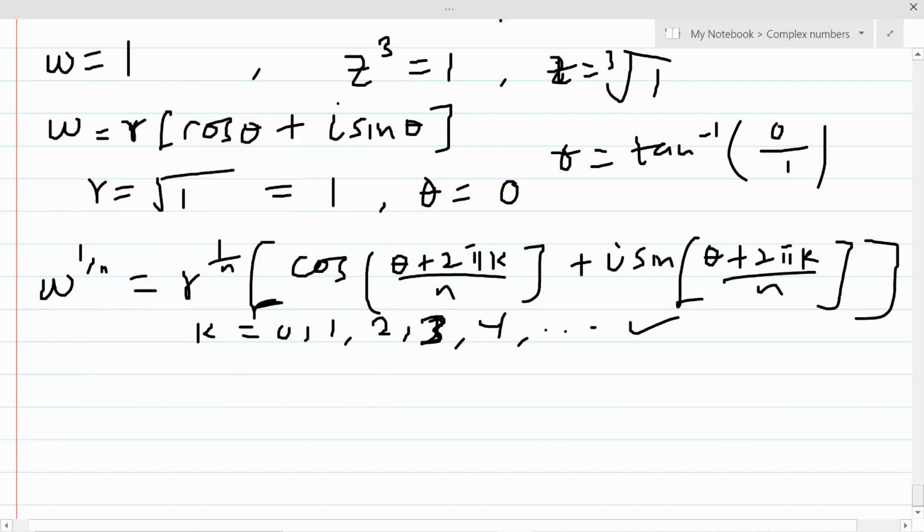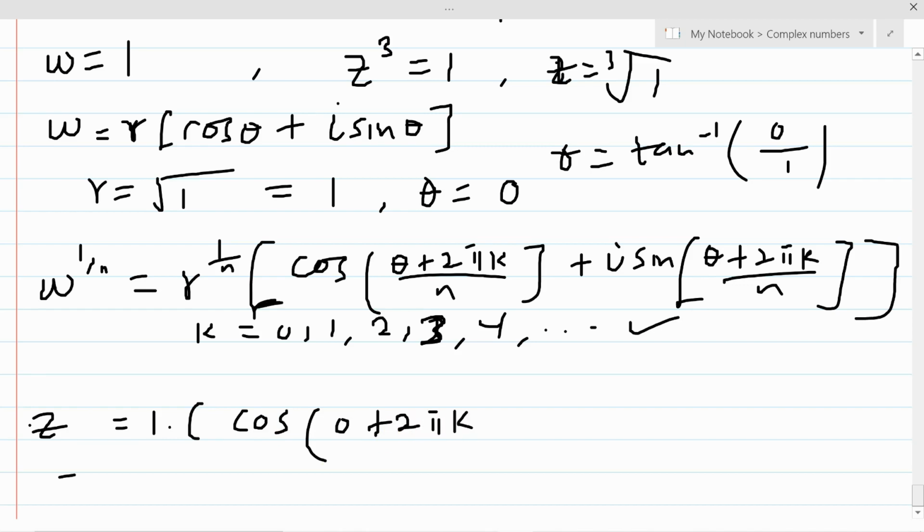So therefore our z, which is equal to the cube root of w, is actually equal to r, which is 1, to the power 1 over 3. The cube root of 1 is what? 1. So let me write it. 1 times cos of the angle that we had, theta, which was 0, plus 2 pi k all over n, where n is 3.